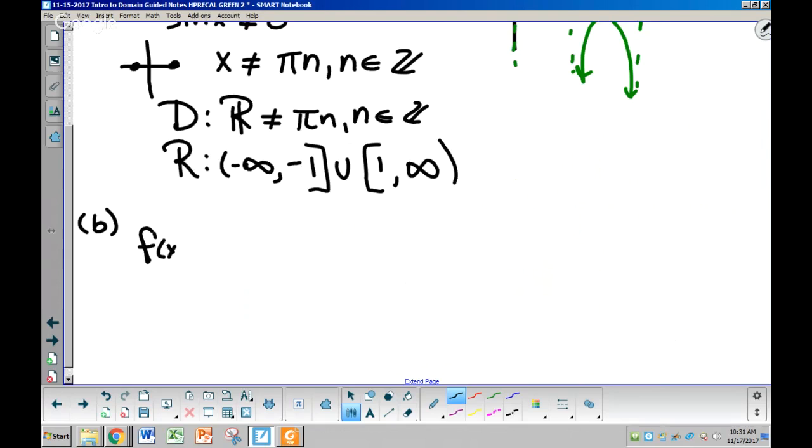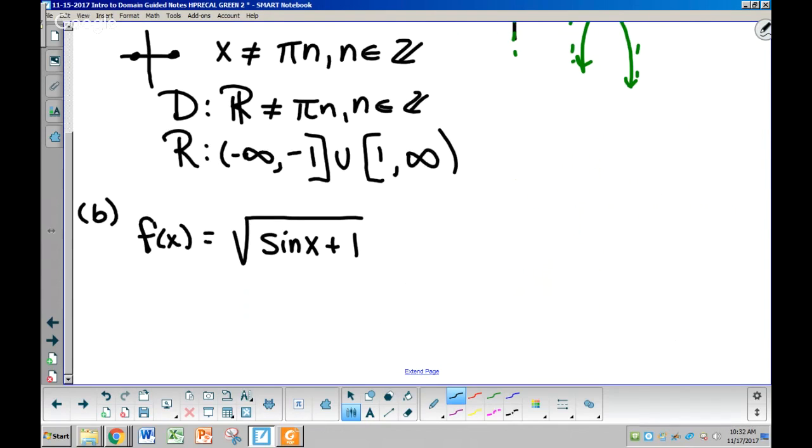So what about this one? This is going to be f of x equals the square root of sine x plus 1. How would we do that? We would say that sine x plus 1 has to be greater than or equal to 0.